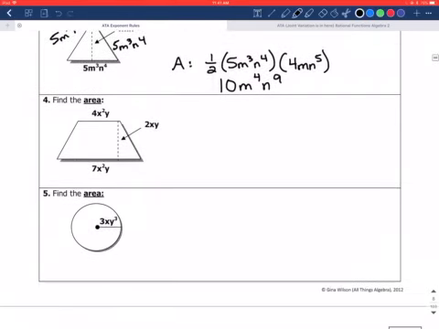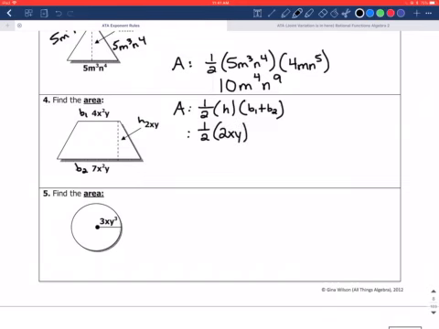All right, so for 4 and 5, they're just asking for the area. So the area of a trapezoid is 1/2 times the height times the bases added together. So base 1 and base 2. We'll call this base 1, we'll call this base 2, and there is our height. So we have 1/2 times our height times the bases being added together.